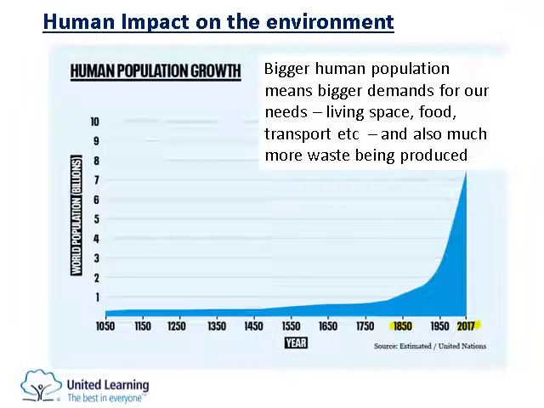But with an increase in population, we've got obviously more people on the same space on this planet, so there's increased demand for space, food, transport, and what that means is the waste that we are producing, be that rubbish, carbon dioxide emissions, sulfur dioxide emissions, it's all increasing.